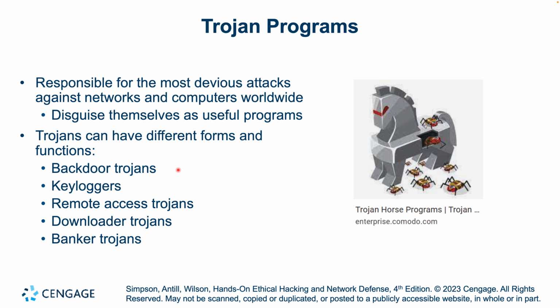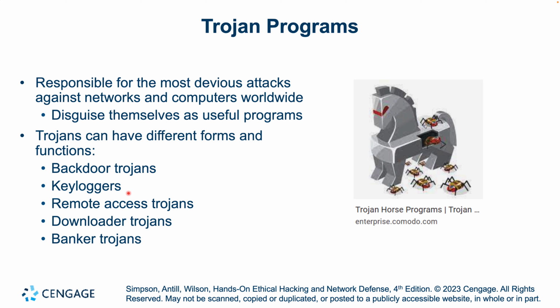It creates a backdoor allowing remote attackers to gain unauthorized access and control over the compromised computer. Once inside, attackers can perform malicious activities, such as stealing sensitive information, installing additional malware, or using the infected system as part of a botnet.